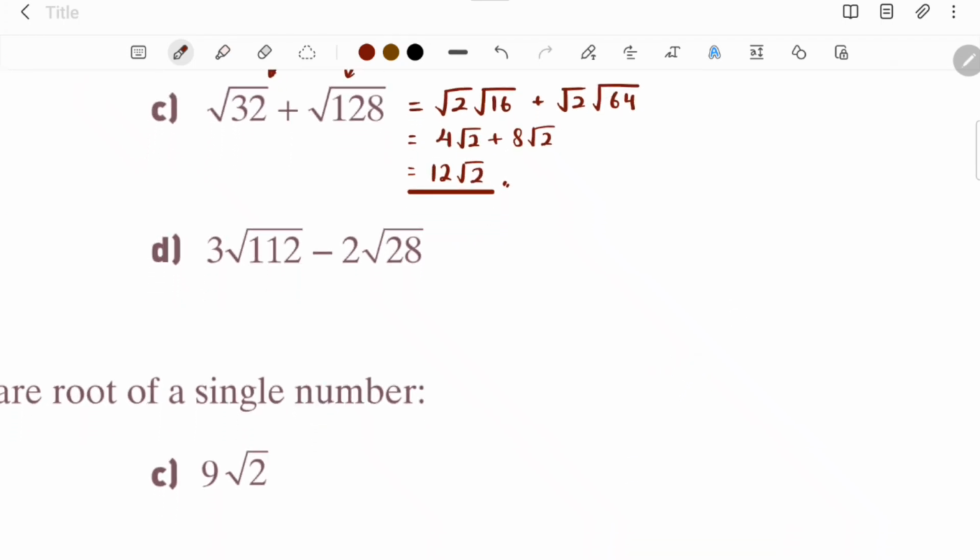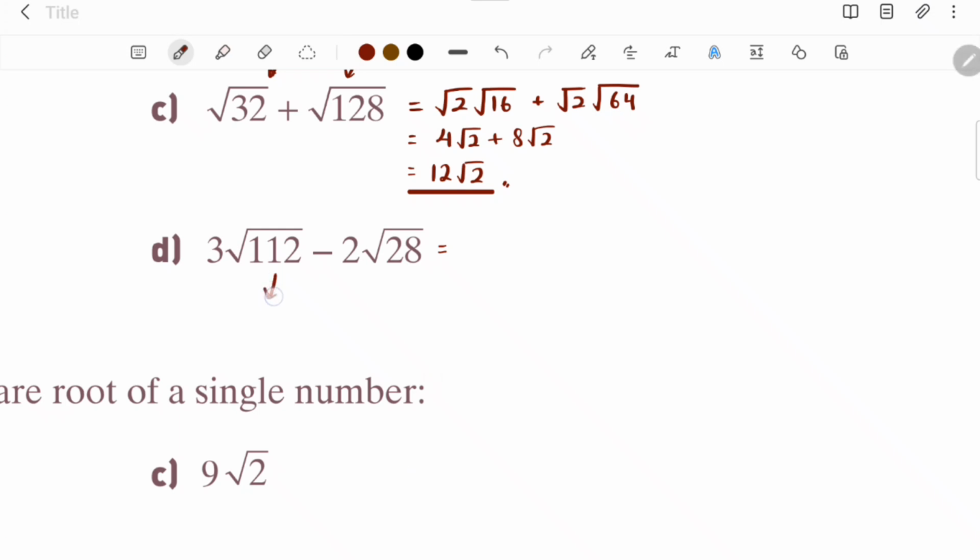Let's see this one for D. Surd 112 and surd 28. Okay.